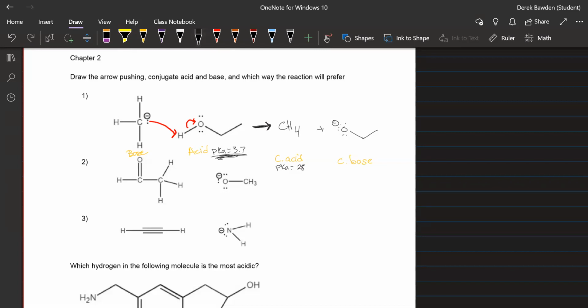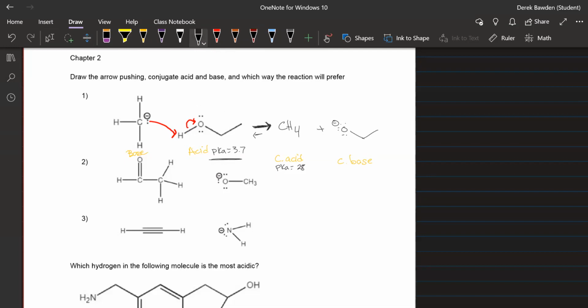means a stronger acid. And a stronger acid is going to dissociate easier, or it's going to give up its proton easier. Okay, so that means it's going to prefer going towards our products versus our reactants because this acid is a stronger acid than this one. Does that make sense to everybody?